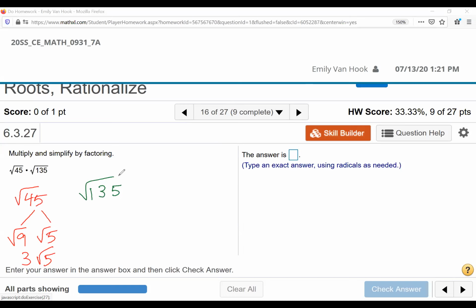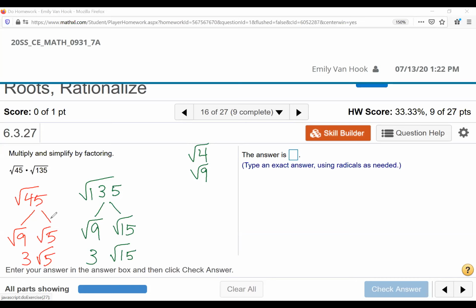If I divide by 5, that's 27, but I need to keep in mind perfect squares. Okay, time to make my list again. Square root of 4, square root of 9. I'll try 9. 135 divided by 9, there it is. So the square root of 135, I can break that down into the square root of 9 times the square root of 15. The square root of 9 is 3, and then I'll leave the 15 where it is.